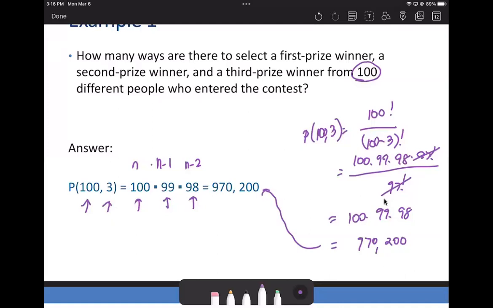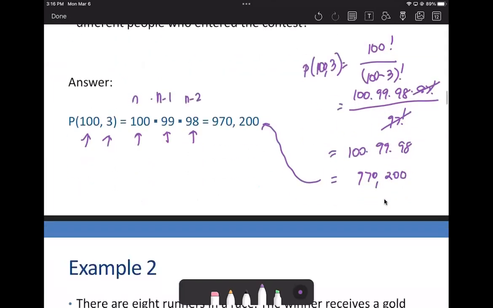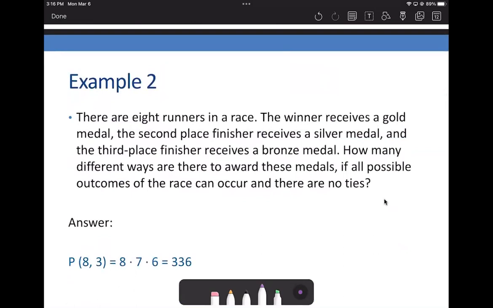Okay. And then let's move on to another example. So there are 8 runners in a race. So the winner receives a gold medal. The second place finisher receives a silver medal. And the third place receives a bronze medal.